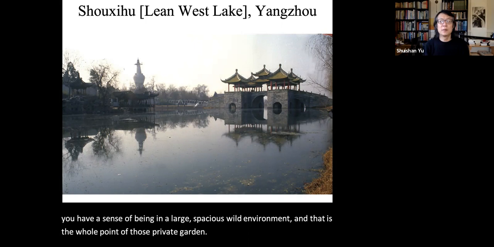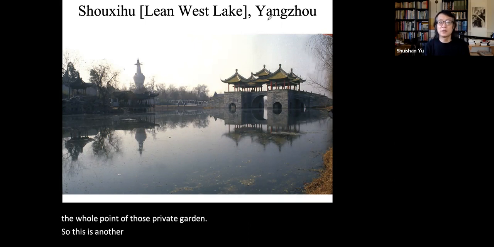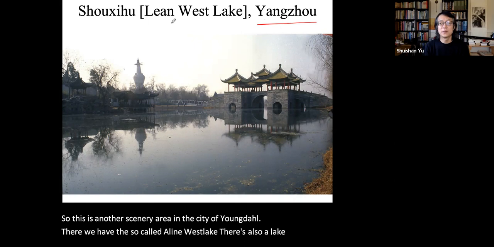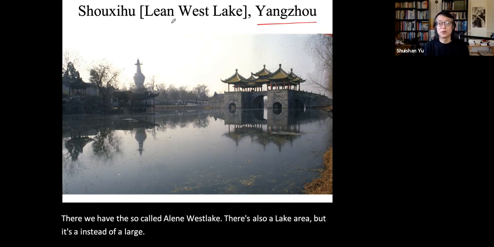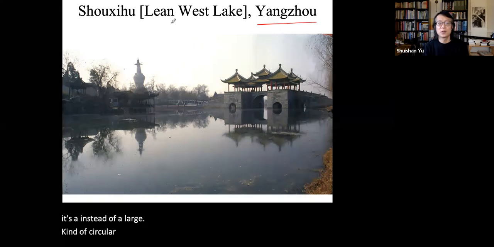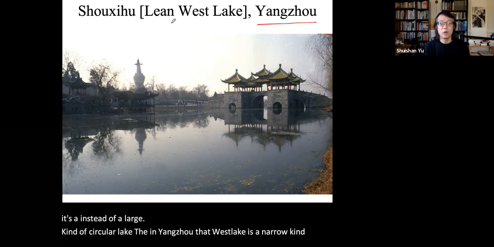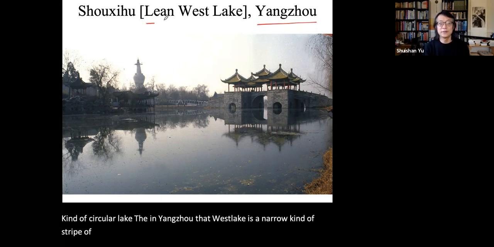So this is another scenery area in the city of Yangzhou. There we have the so-called Lin West Lake, 瘦西湖. There's also a lake area, but instead of a large circular lake as in Hangzhou, this West Lake is a narrow stripe of water.